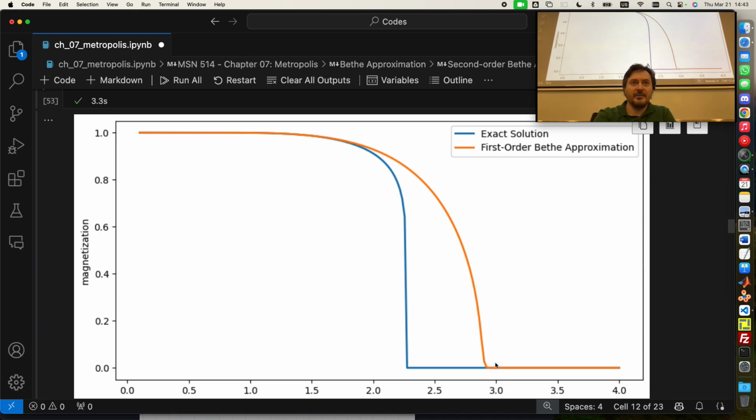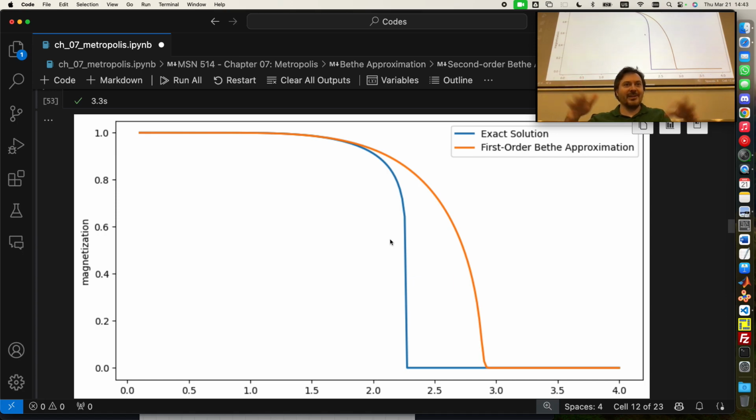Do you see how nice it works? Yes? And what is this one? This is the exact solution by Onsager, right? This is the exact solution for the square Ising model. It doesn't need to fit that because Bethe approximation doesn't see the lattice fully, right?